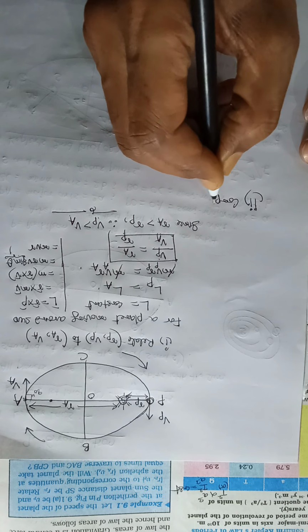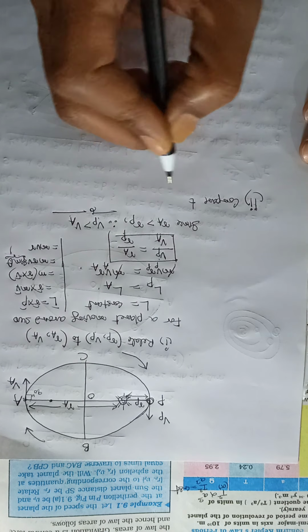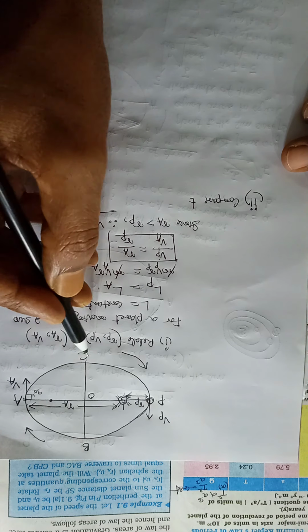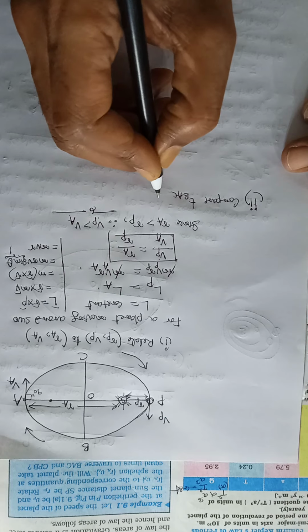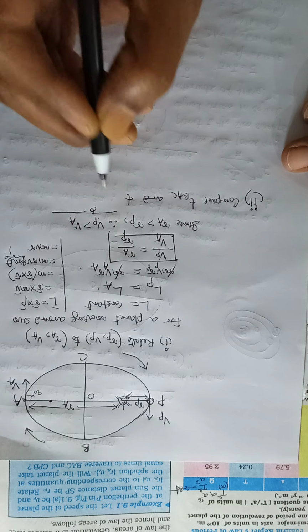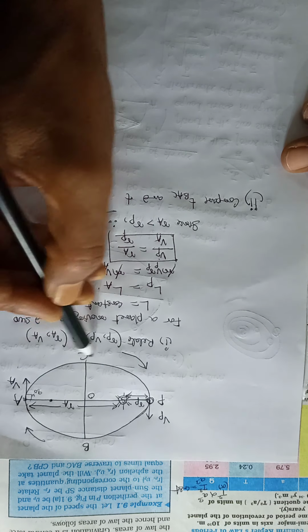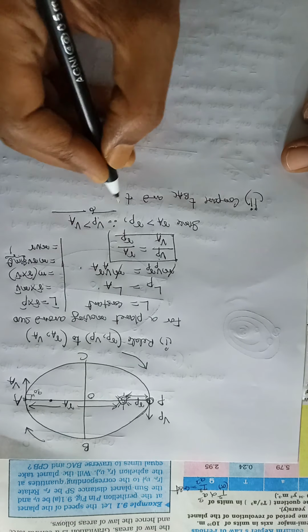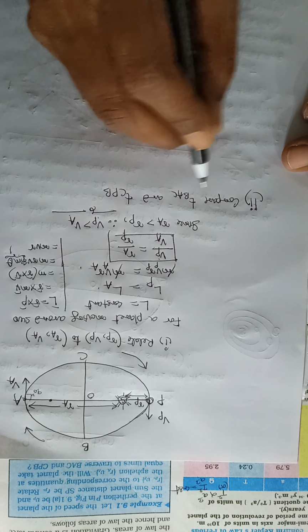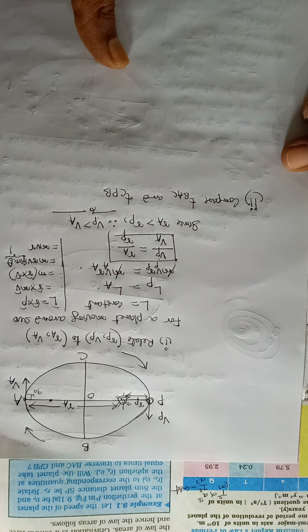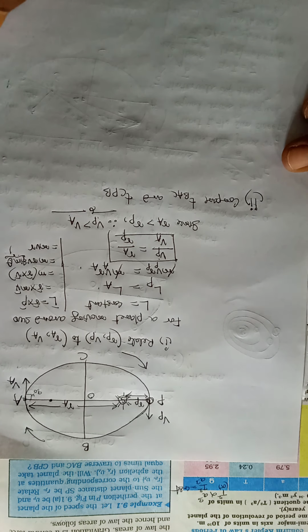Compare time taken to move from B to C through A, and time taken to move from C to B through P. Let us compare these two times, whether they are equal or unequal. If unequal, which is greater and which is lesser.